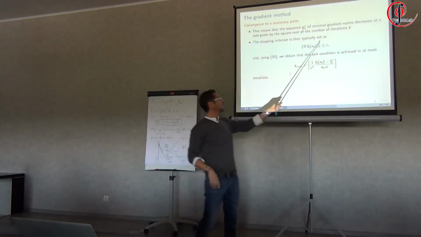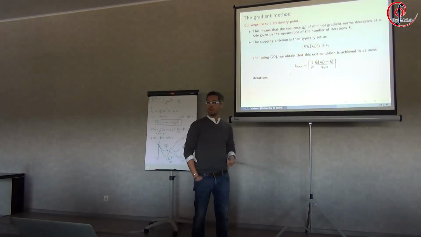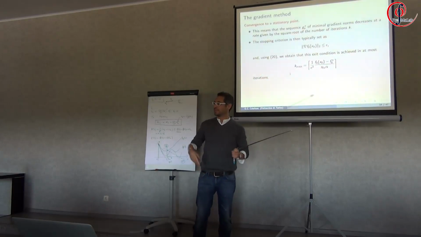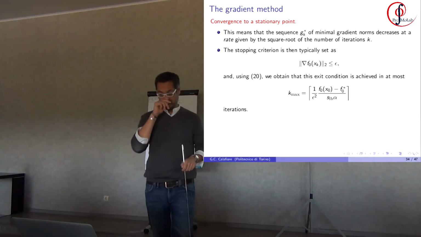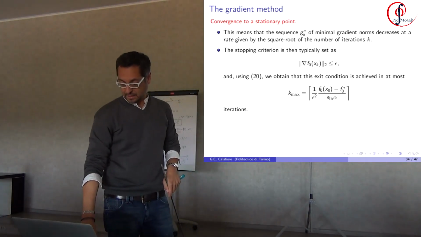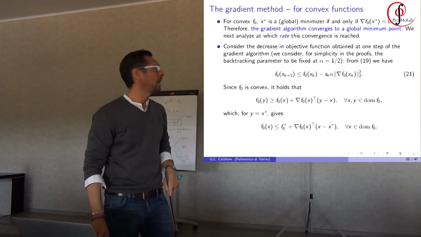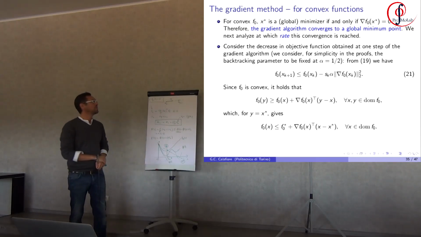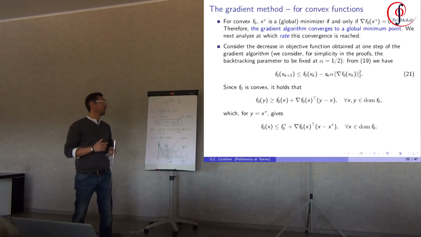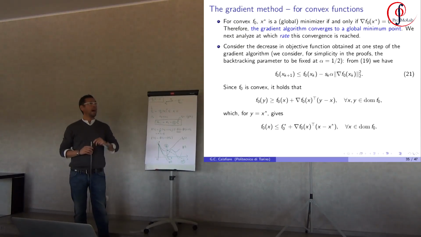If we take epsilon 10 to the minus 6, it means that we need 10 to the 12 iterations. So this is not a very nice theoretical rate of convergence, but it is a kind of worst case convergence.